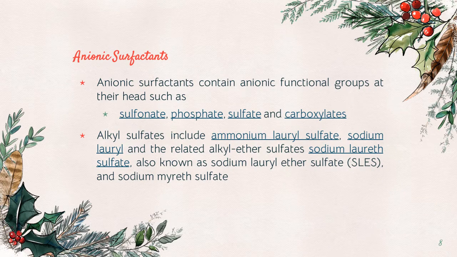Then come anionic surfactants. The various functional groups present in their head are sulfonate, phosphate, sulfate, and carboxylate. It also includes ammonium lauryl sulfate, sodium lauryl sulfate, and other related alkyl ether sulfates. These are the examples coming under anionic surfactants.